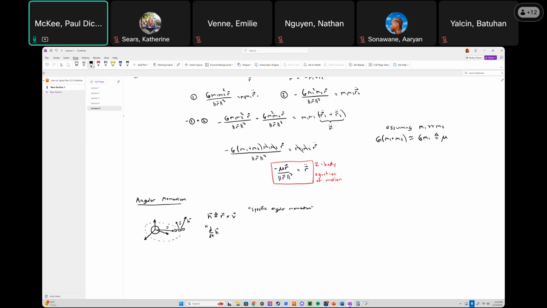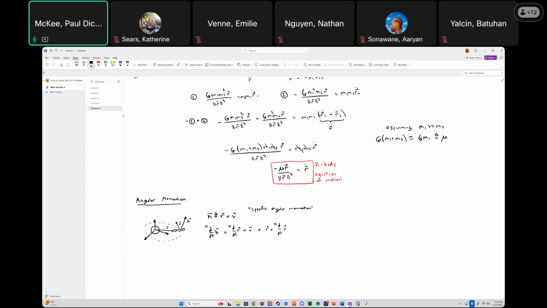The derivative of h is not going to be the derivative of r crossed with the derivative of v. It's going to be the derivative of r crossed with v, plus r crossed with the derivative of v. You might have learned in calculus 1 that d(uv) is u dv plus v du.